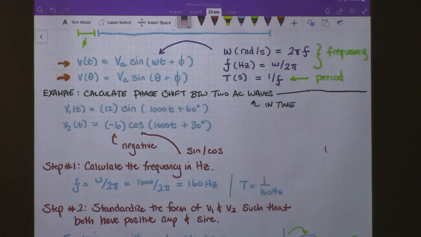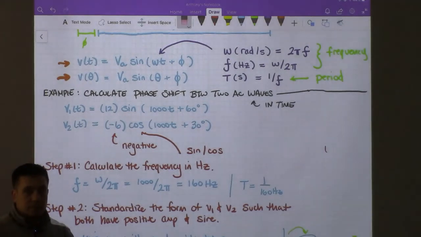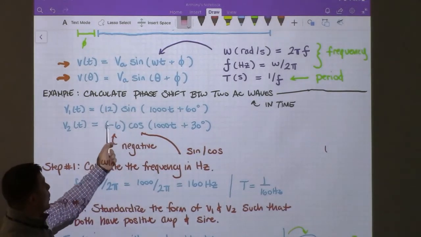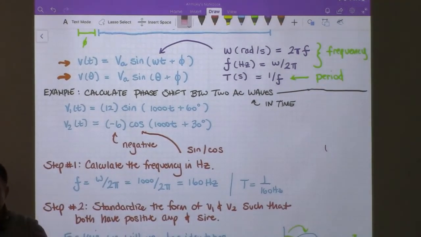So is that 60 degrees from the standard, quote unquote, phase shift, or is the actual starting graph 60 degrees? The reference is 0. This wave will start its oscillation 60 degrees after that. Okay.